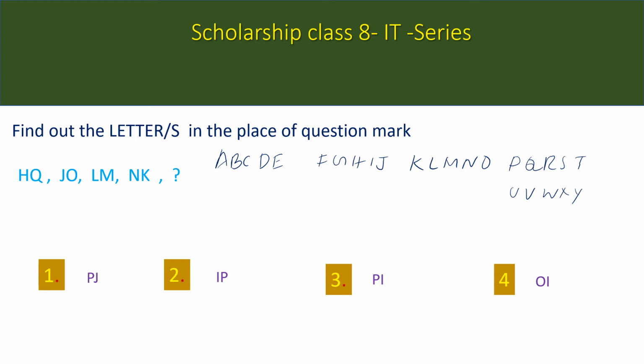It is given H, Q. We will number all this. First of all, H is, this is 1, this is 6th one, this is 11th one, this is 16th one, and this one is 21st, for our understanding.